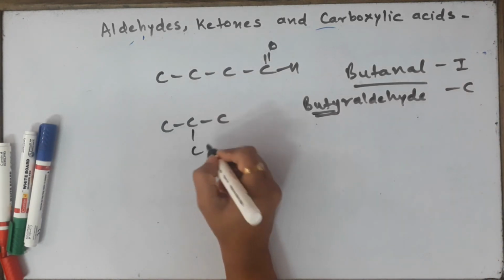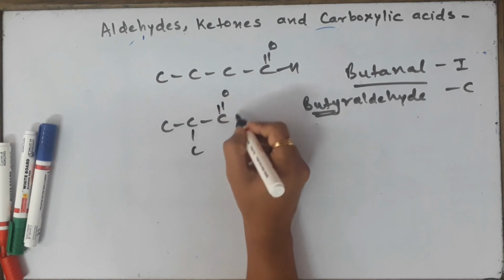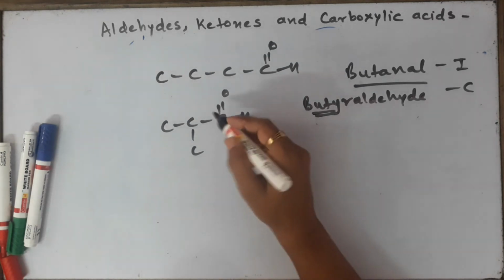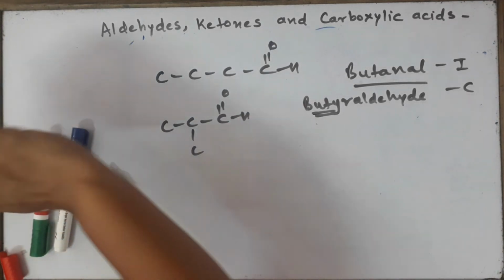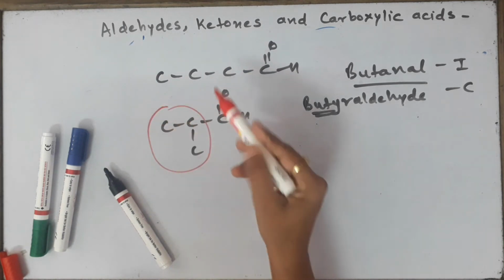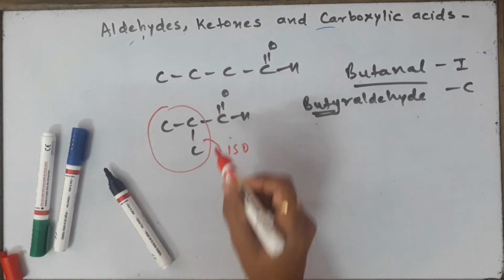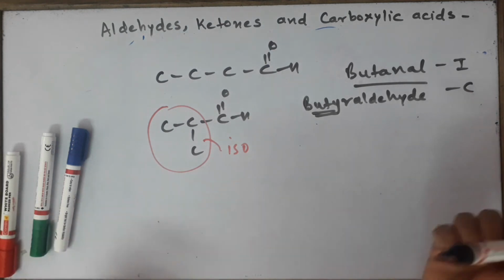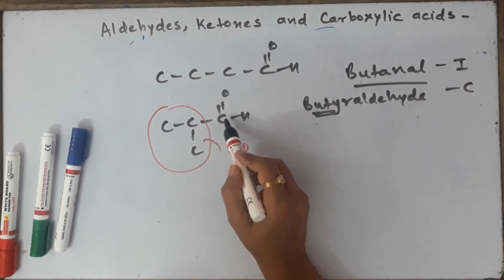Now look at this one, 1, 2, 3, and then we have something like this. So if you have something like this, then what can we call this compound? We have seen such compounds in the previous topics also, if you remember. Look at that, iso. So children, this is iso. We have got the CH3 attached to the second last carbon atom, so that becomes your iso group, and total carbon atoms 1, 2, 3, 4.